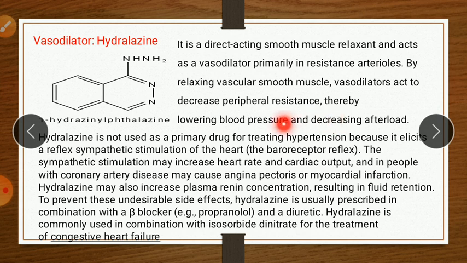This baroreceptor reflex is mainly on the aorta, where there is a special receptor which acts as a sensor to control vasodilation and vasoconstriction and therefore control the blood pressure. So hydralazine is not used alone because it affects this baroreceptor reflex.